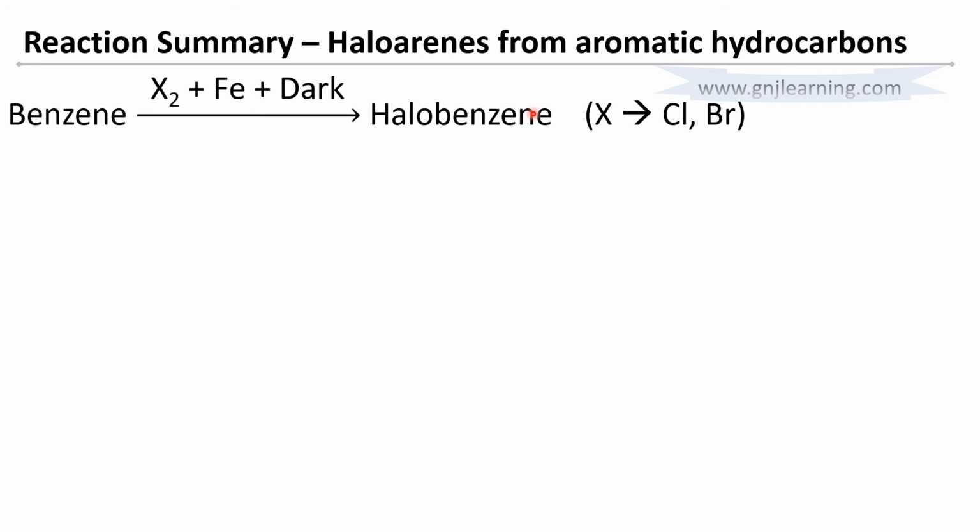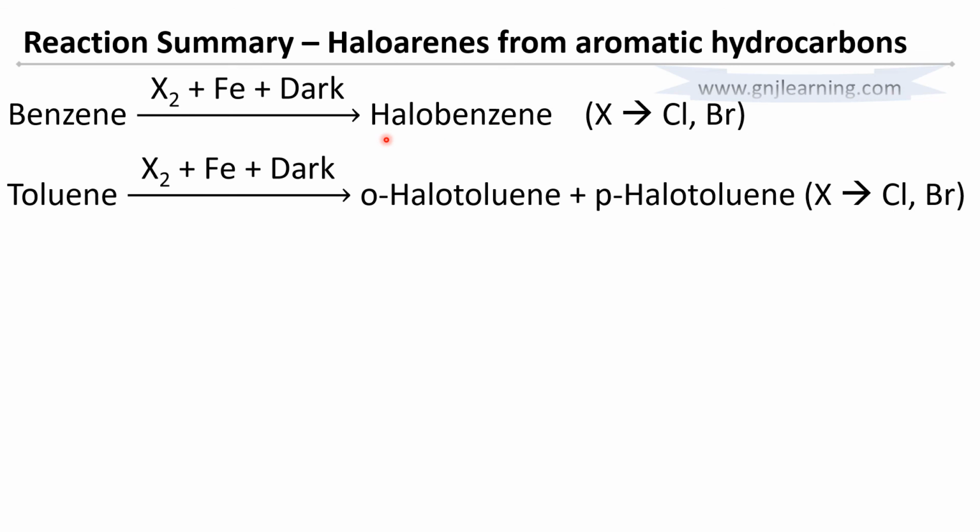Looking into this, try to draw the structure and try to reproduce what you have learned. Halo means it can be either chlorine or bromine. For toluene, the same thing, you will get two products, ortho-halotoluene and para-halotoluene.